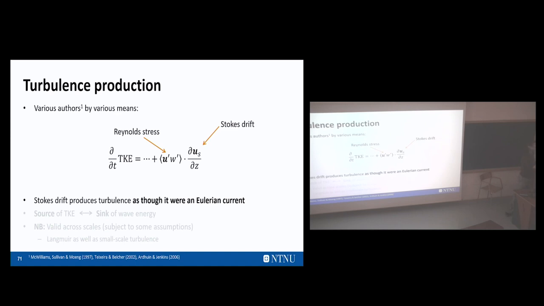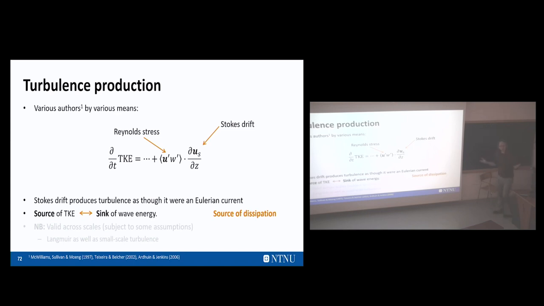And there's another term where this is instead the mean flow. So Stokes drift produces turbulent kinetic energy as though it were an Eulerian current, which boggles my mind, but that's what comes out of the equations.